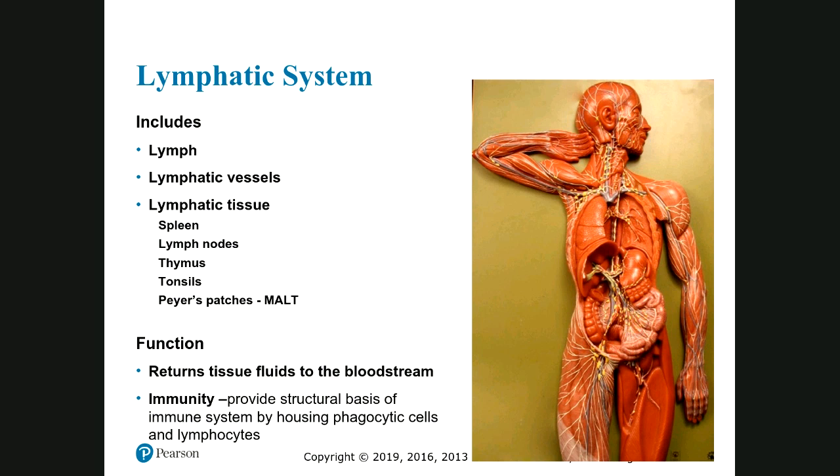We will talk about the lymph nodes, the thymus, the tonsils, the Peyer's patches in the intestine, and the appendix. Its function, as I said, is to return the fluid to the bloodstream. And because the lymph nodes also clean the lymph, it provides a structural basis of the immune system by housing phagocytic cells and lymphocytes. All right.